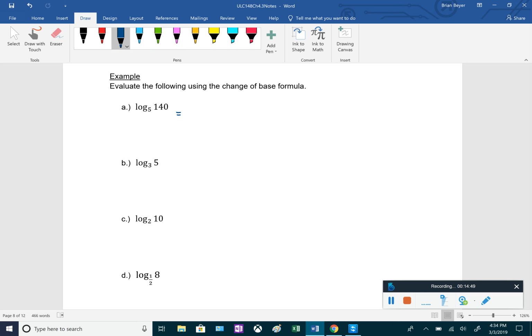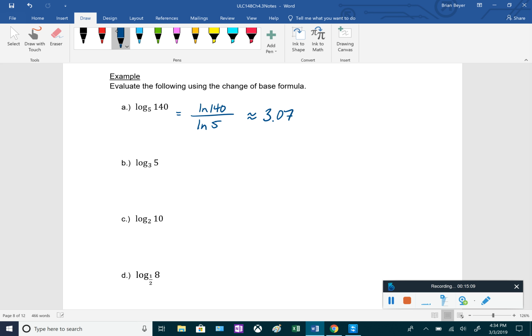So what we're going to do is the change of base property. So I'm going to use ln. This is saying this is equal to the ln of 140 divided by the ln of 5. So the ln of the input divided by the ln of the base. Plug this into the calculator, ln of 140 divided by ln of 5.